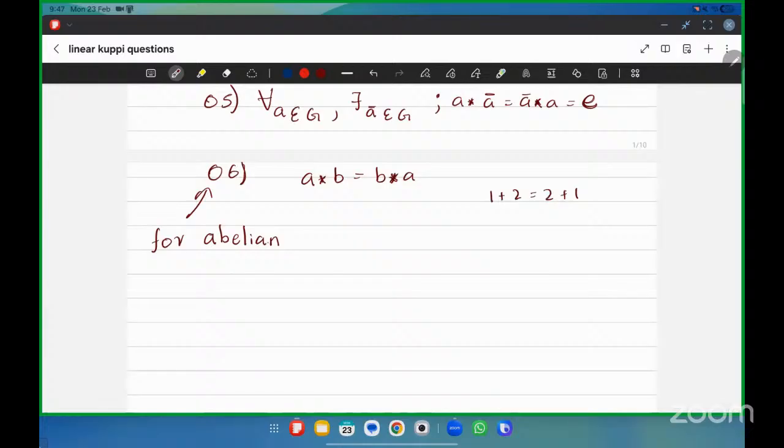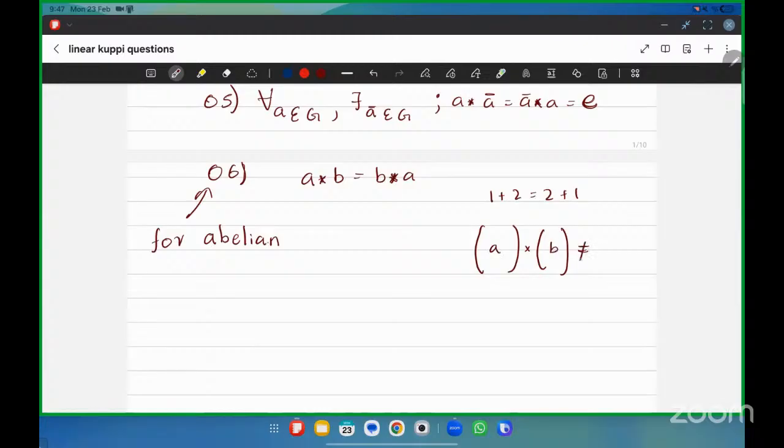If we look at what are not abelian, what sets don't get into the abelian group, for example, the matrix. If we perform matrix multiplication, this is the A matrix, this is the B matrix.